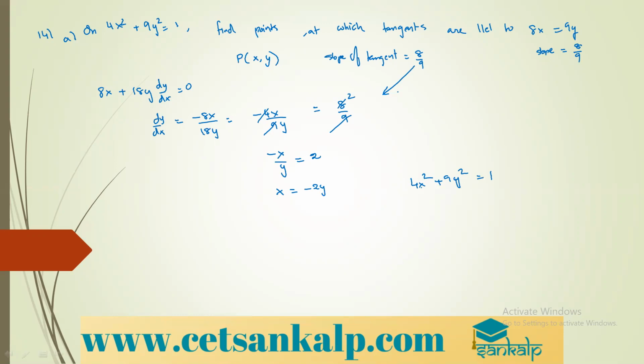So 2y square will be 4y square, so you will have 16y square plus 9y square equal to 1. Y square is 1 by 25. Y will be plus or minus 1 by 5, and so x will be minus or plus 2 by 5. So the points are: when x is minus 2 by 5, y is plus 1 by 5, and when x is plus 2 by 5, y is minus 1 by 5. These are the 2 points where the tangents can be drawn.